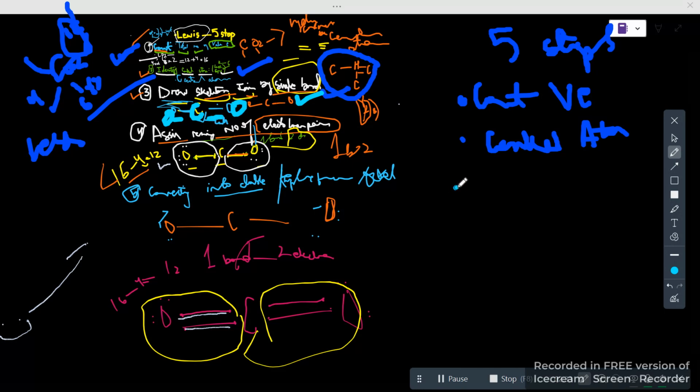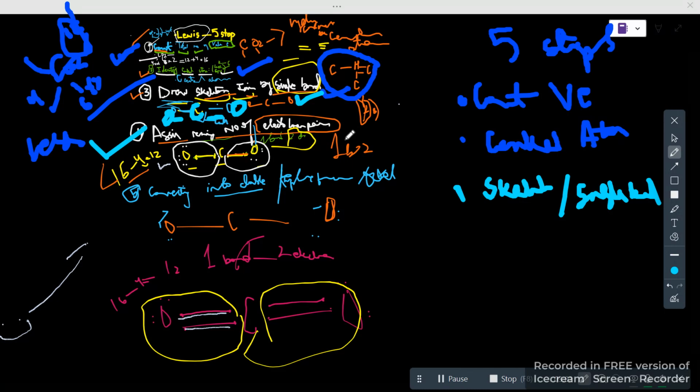So the third step was skeleton drawing by single bond.